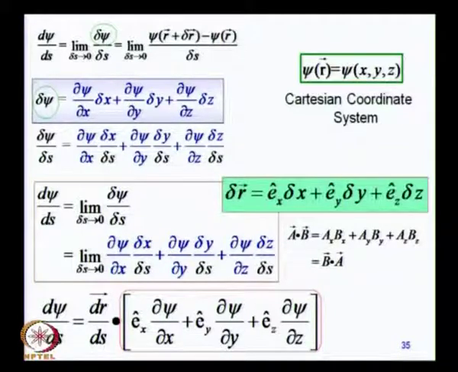And this quantity in the red box is what you define as the gradient of psi, written as this del with an arrow on the top. The reason to put this arrow on the top is that it must have this vectorial attribute. That does not make it a vector, it is a vector operator. A vector operator is not the same as a vector.